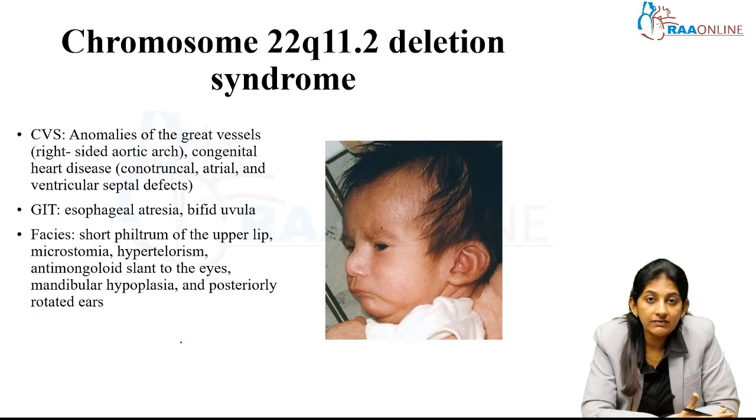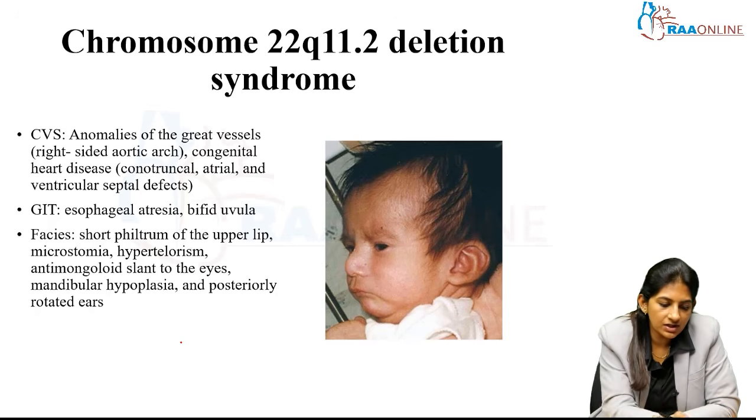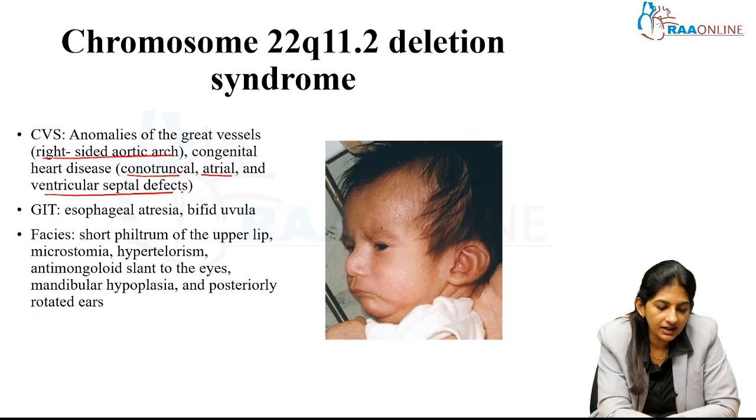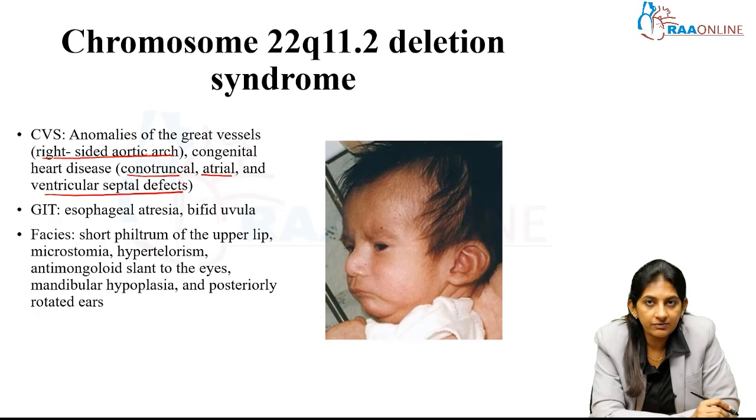Next is CVS, cardiovascular abnormality. So the conotruncal abnormalities are very, very common in these children. Most of these children have abnormalities of the great vessels, like right-sided aortic arch, conotruncal abnormalities, atrial and ventricular septal defects, etc. These children also can have some GI abnormalities like esophageal atresia, bifid uvula, etc.